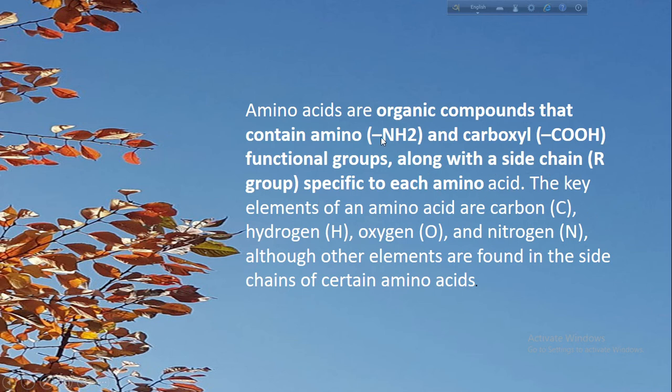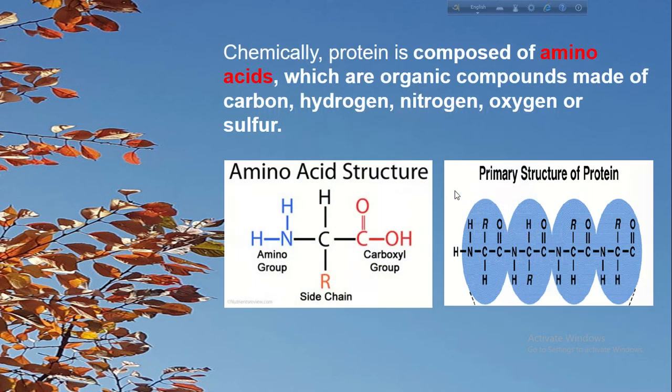So amino acids are organic compounds that contain an amino group and a carboxyl functional group, as shown here in the amino acid structure. This one is the amino group, NH2, and this is the carboxyl group, COOH, and R here is the side chain.